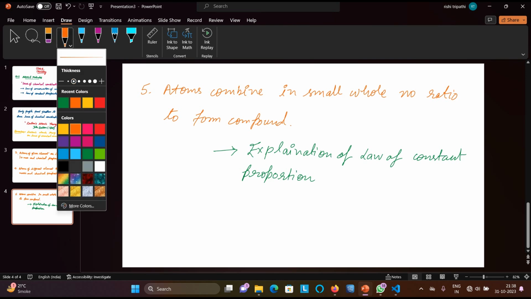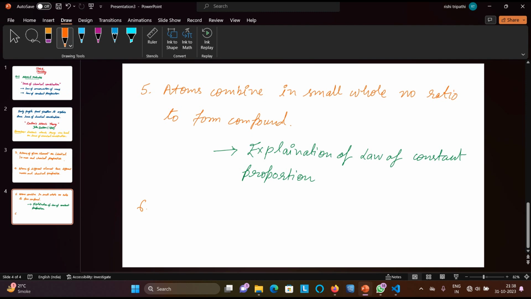And the last postulate of Dalton's atomic theory was: the relative number and the kinds of atoms are constant in a given compound.